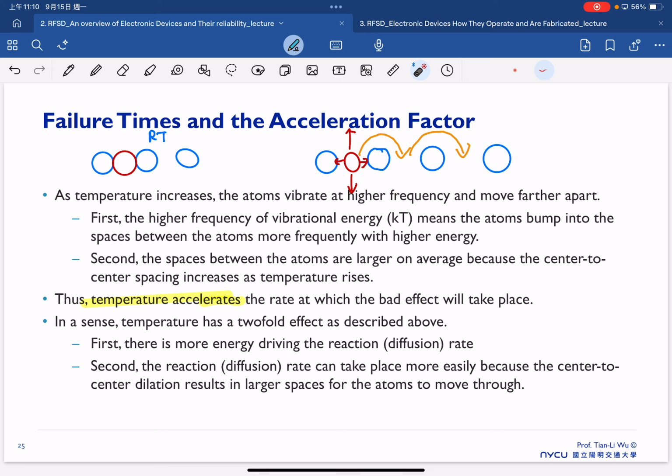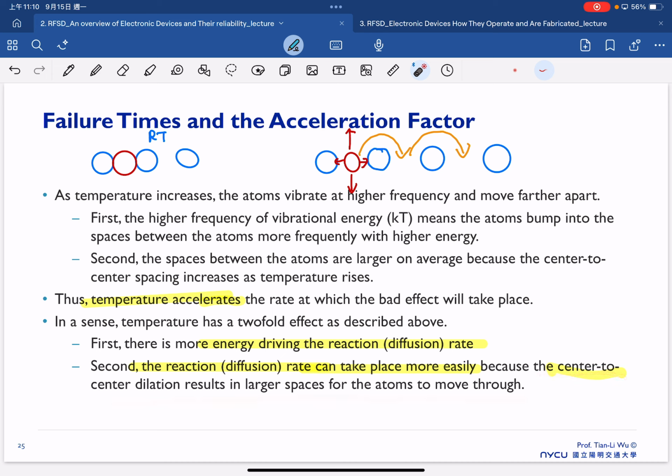And temperature has a twofold effect as described above. First, there's more energy driving the reactions or diffusion rate, and second, the reaction or diffusion can take place more easily because the larger center to center spacing results in more space for the atom to move through.